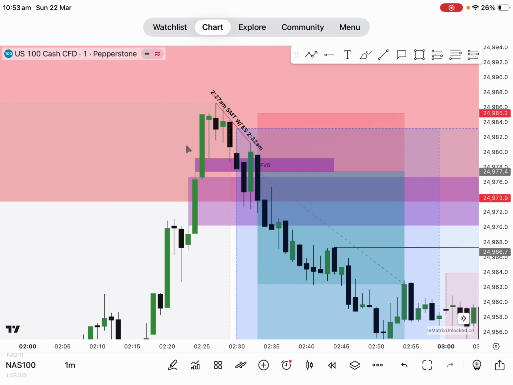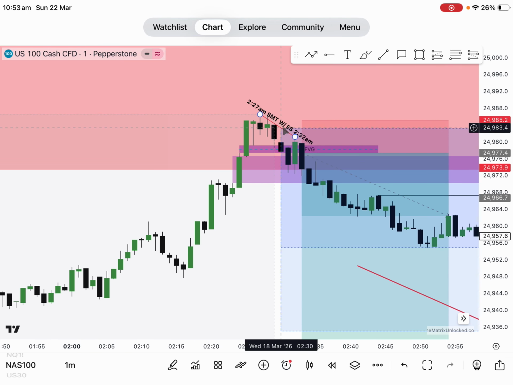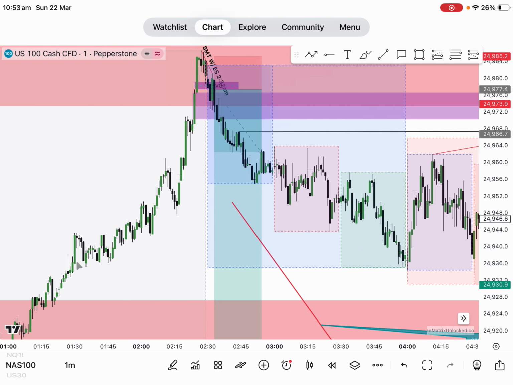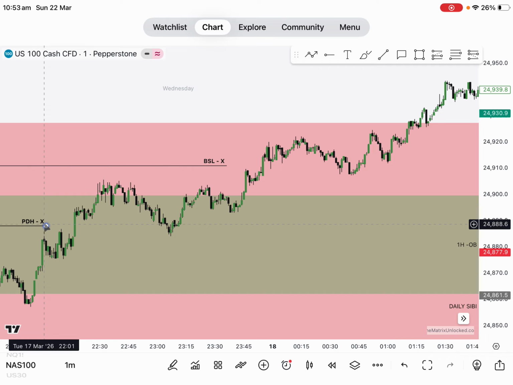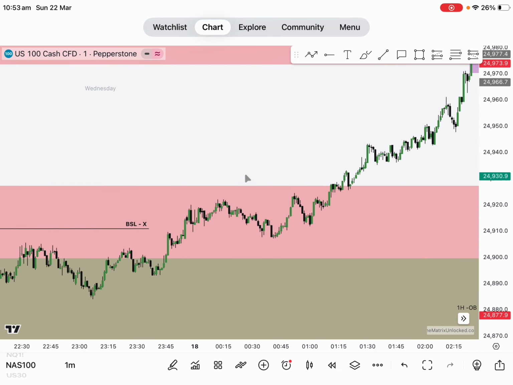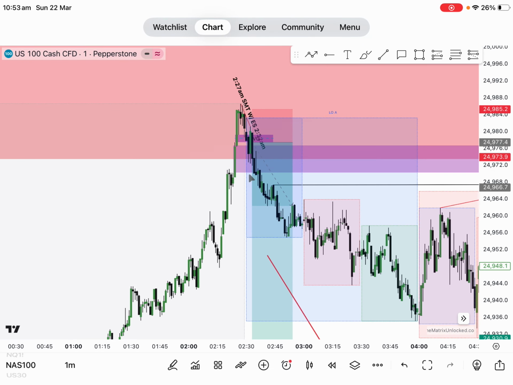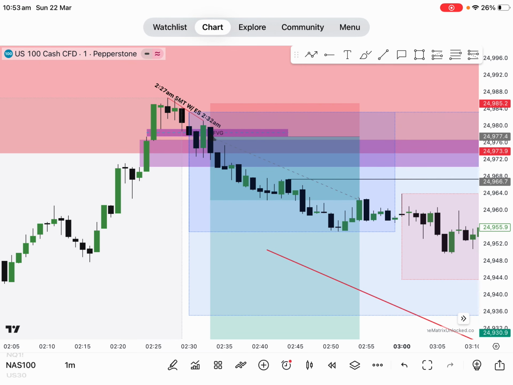Look, as soon as it stabbed into it, and then you saw SMT, because remember, over here there was no SMTs present anywhere, whether it took PDH or BSL. Here no SMT were present, but up here, boom, there is an SMT with ES.